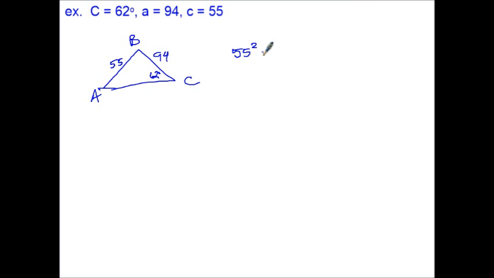So 55 squared equals 94 squared, and again I need the other side, which coincidentally ends up being b again. So plus b squared, minus 2 times the 2 other sides, the 94 and the b, and then cosine again of the angle that we have, which is 62.